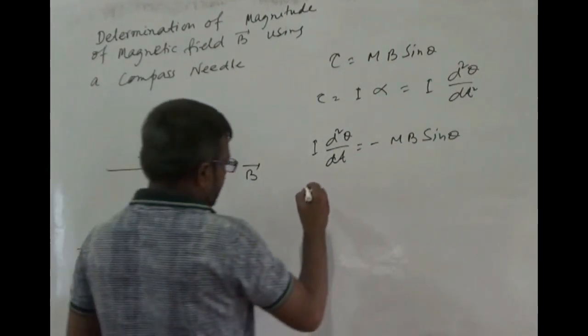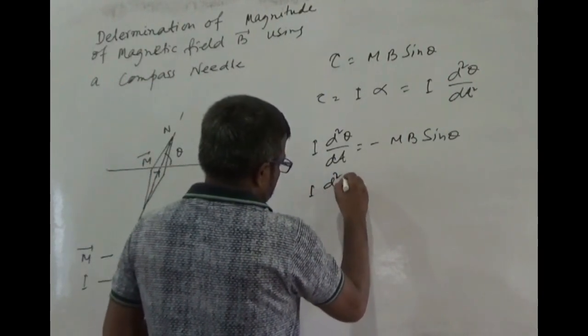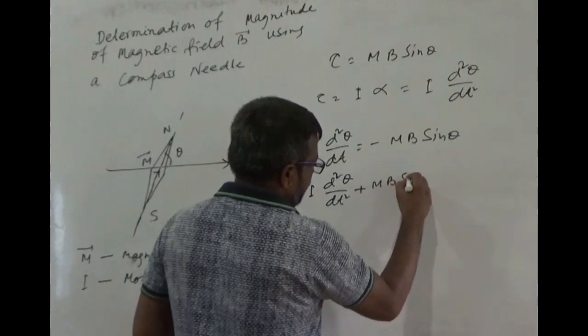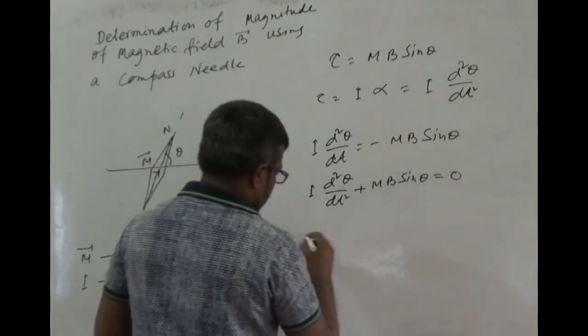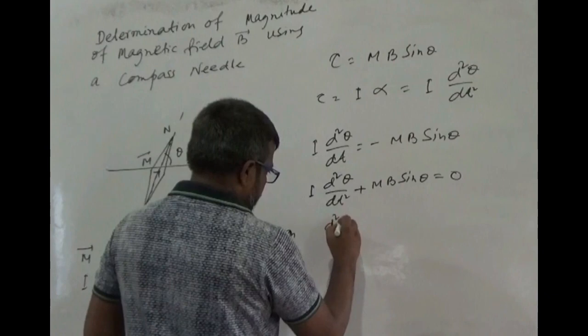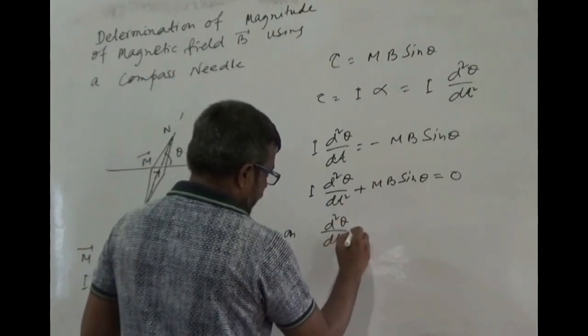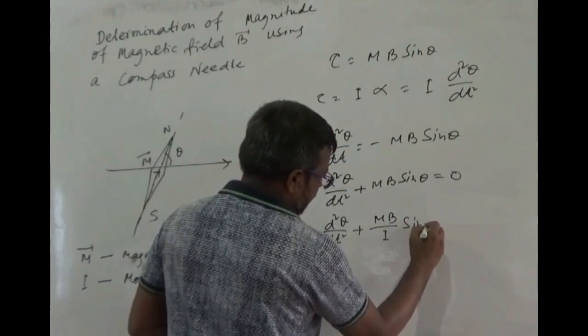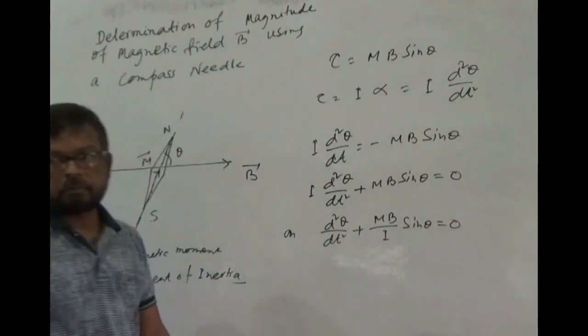Or from here we can write I d2 theta dt square plus MB sin theta is equal to 0, or d2 theta dt square plus MB by I sin theta is equal to 0.